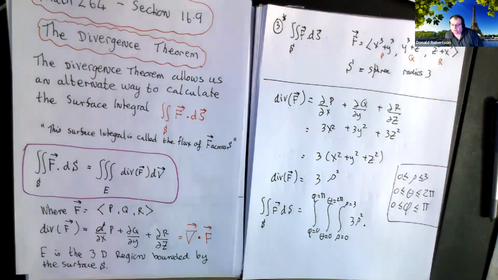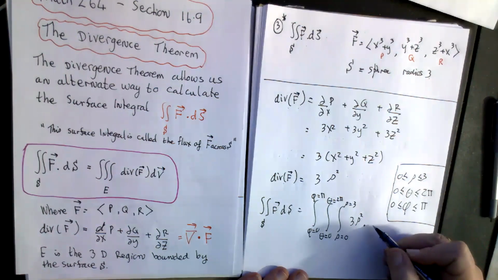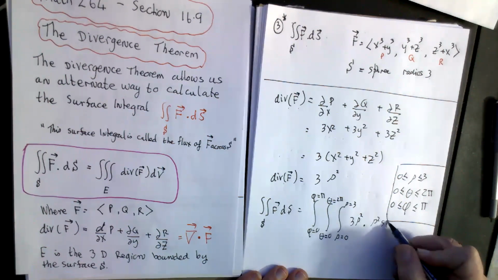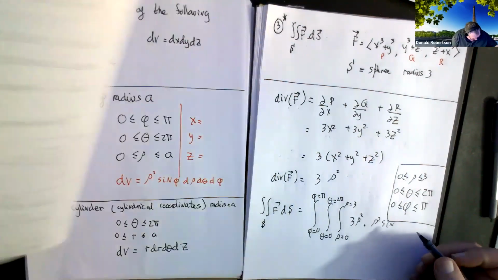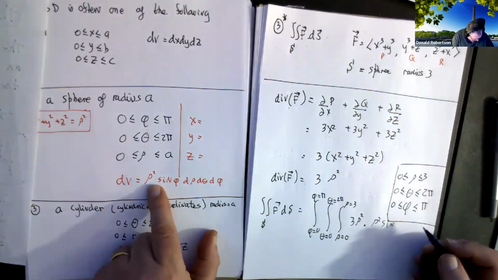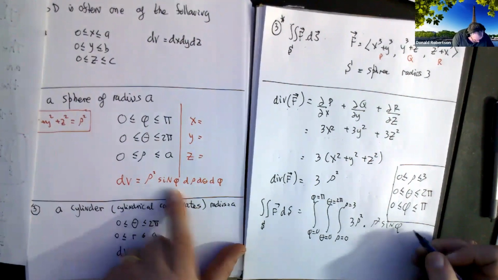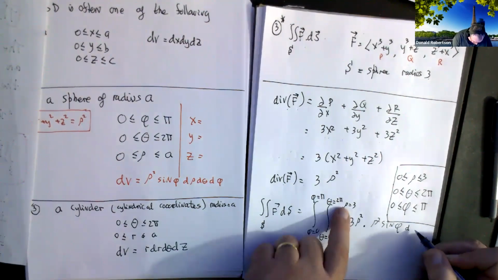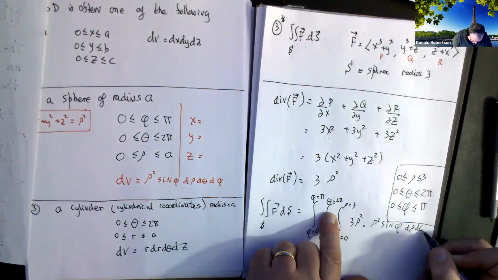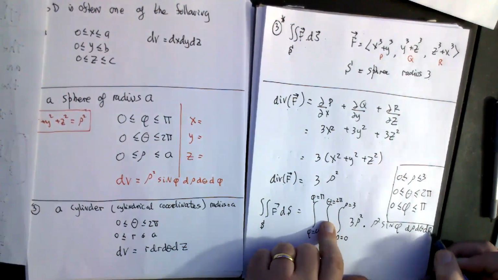If it was cylindrical, you would get r dr d theta dz, right? But when it's spherical, it's a little bit messier, isn't it? It's rho squared sine phi. And in the order I'm doing it, it's d rho, d theta, d phi.